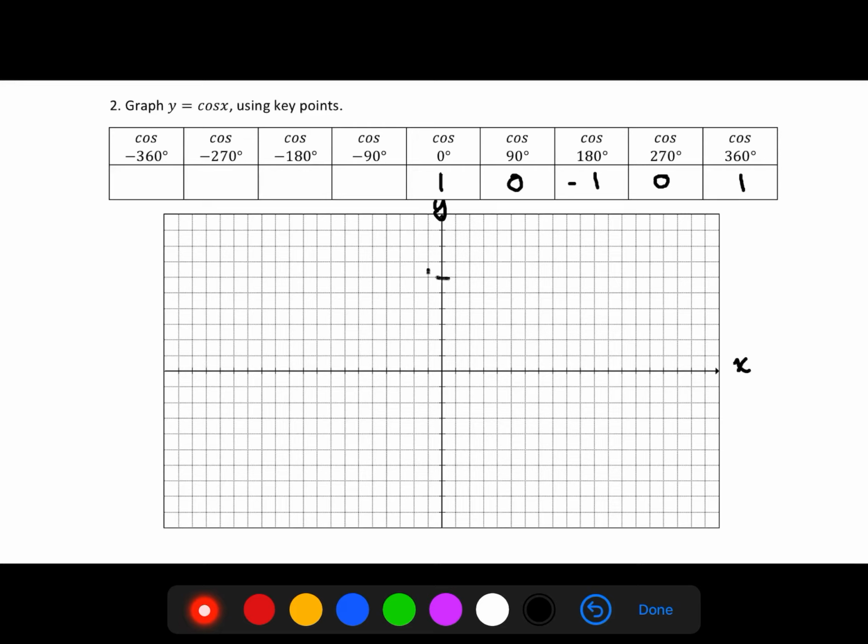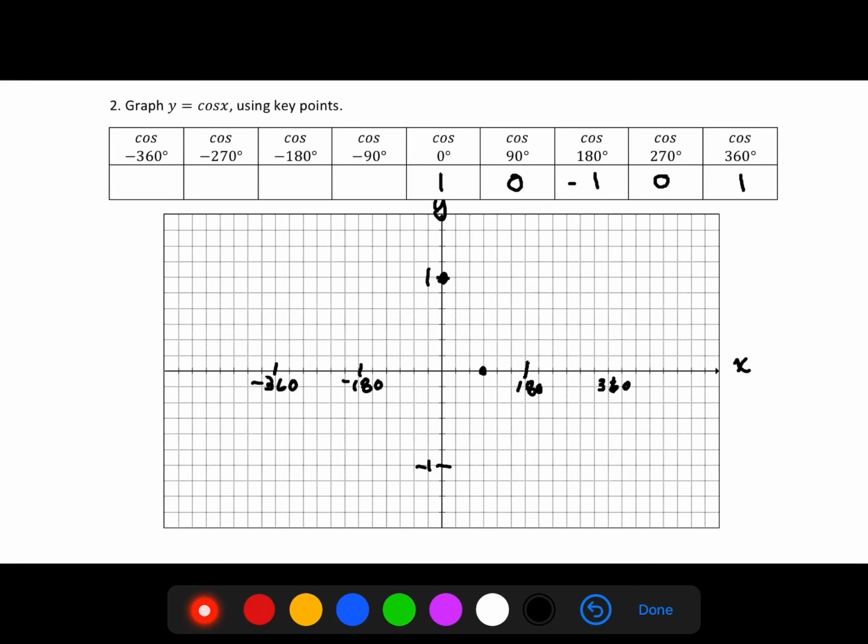Again, we're going to use the same scaling that we did for our last graph of y equals sine x. So 2, 4, 6 is 180, 360, and instead of starting at 0, 0, we start at 0, 1.